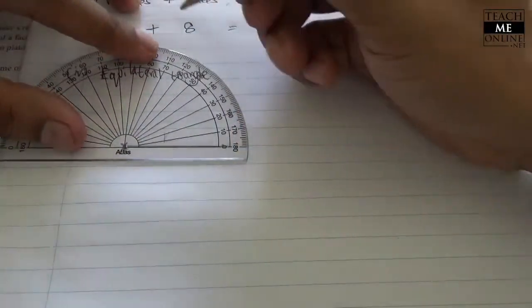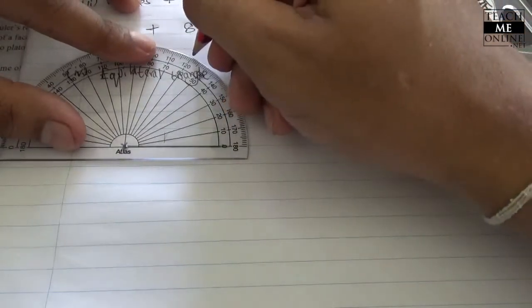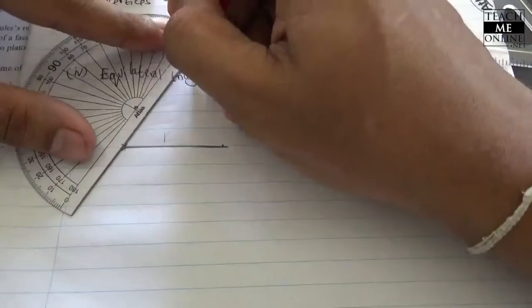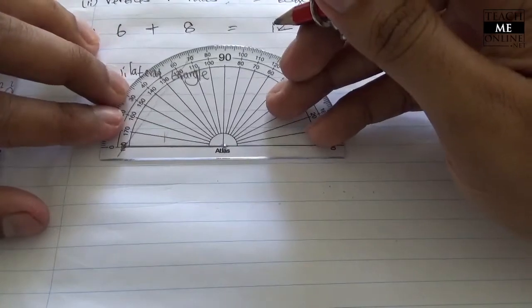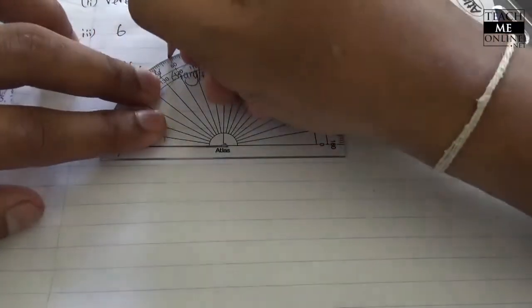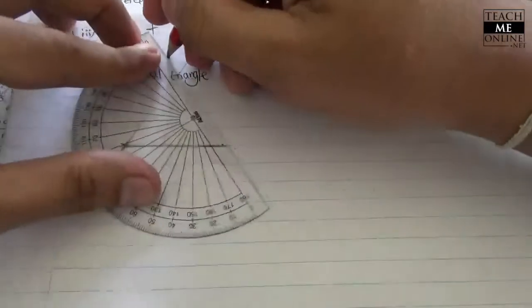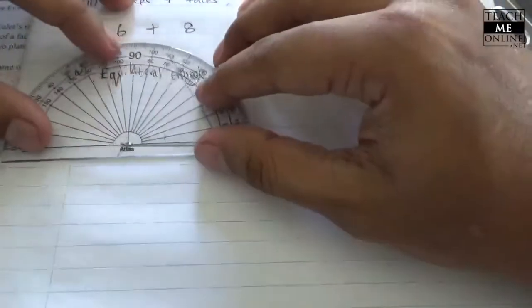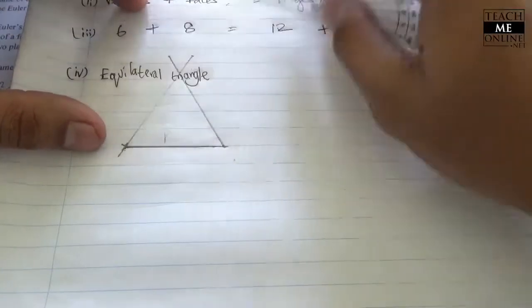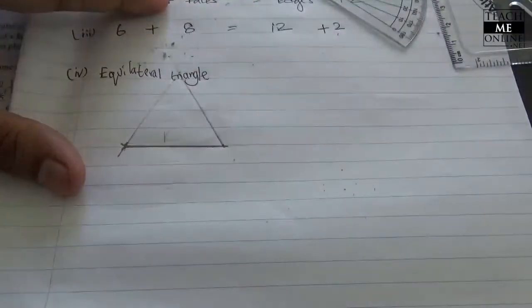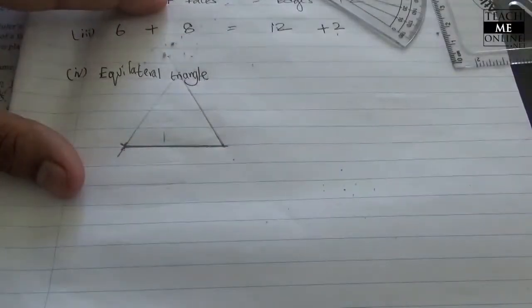Since all 3 angles in an equilateral triangle are 60 degrees, put 60 degrees, draw an angle like this, and then from here another 60 degrees and draw like this. Then measure. This is 60 degrees and this is 60 degrees. Automatically we have drawn an equilateral triangle, the other one will be 60 degrees. And we can mark it like this. Right.